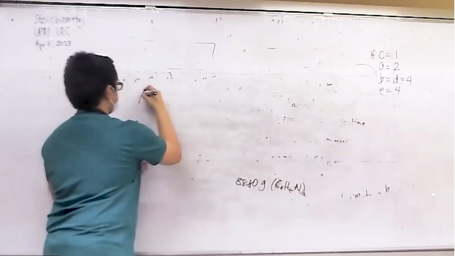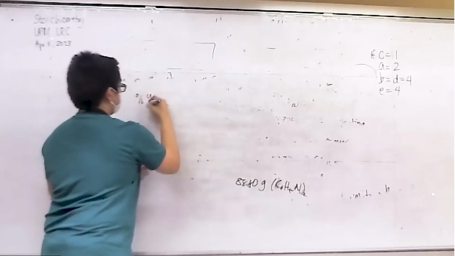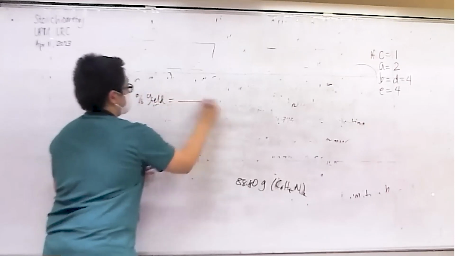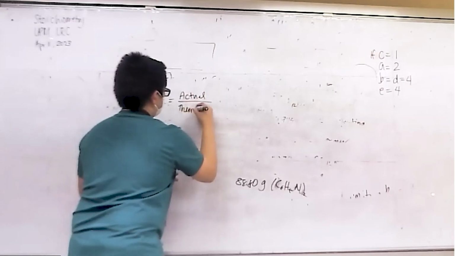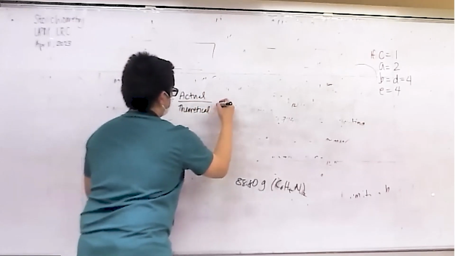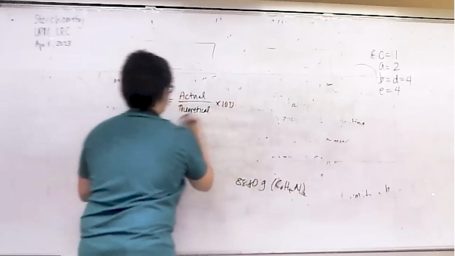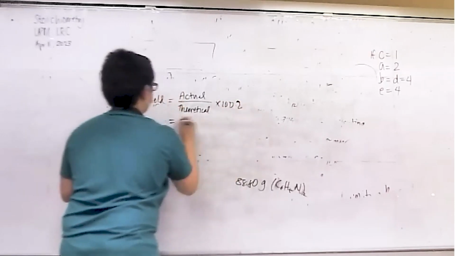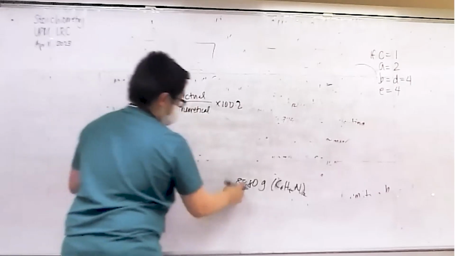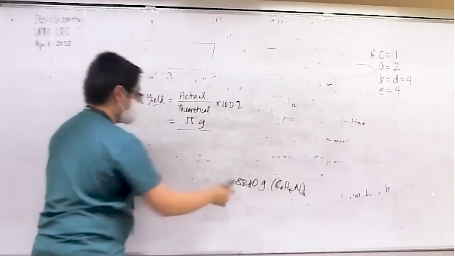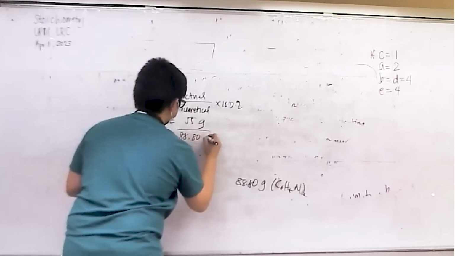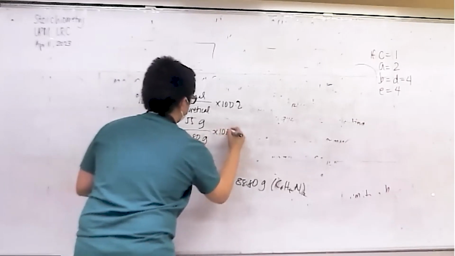So, percent yield is equal to actual over theoretical, times 100. It's always like this. So, actual is 55 grams, which was given. And then this one is 88.80 grams, times 100.